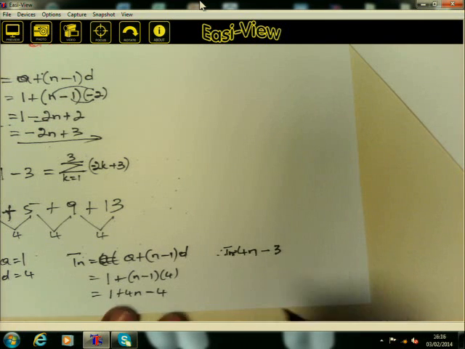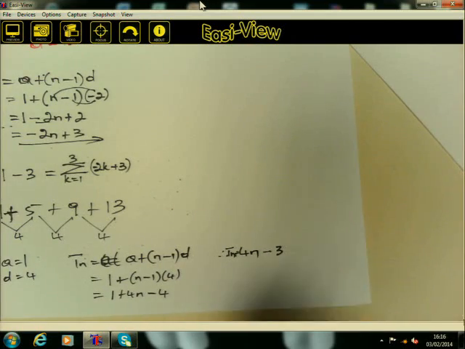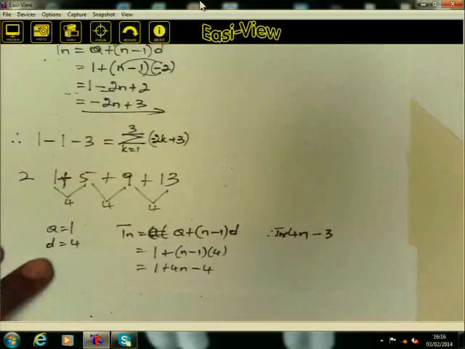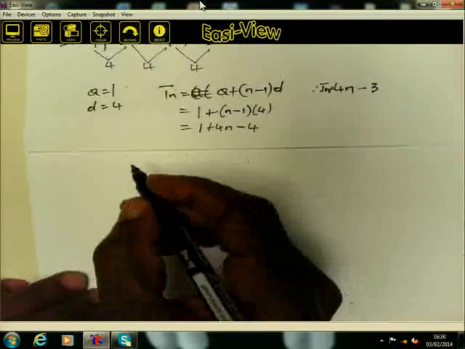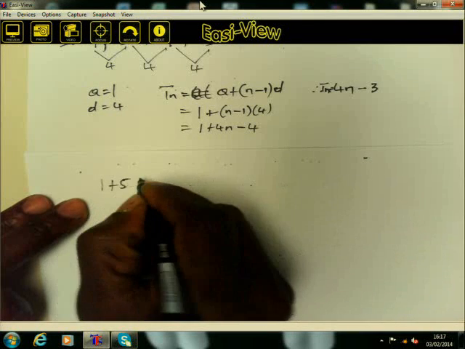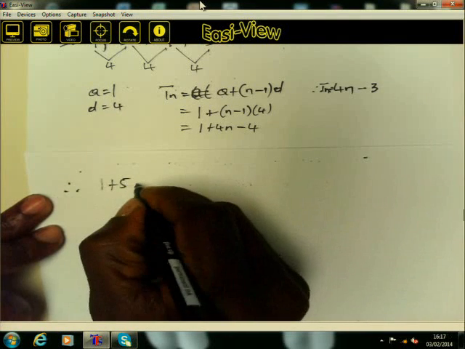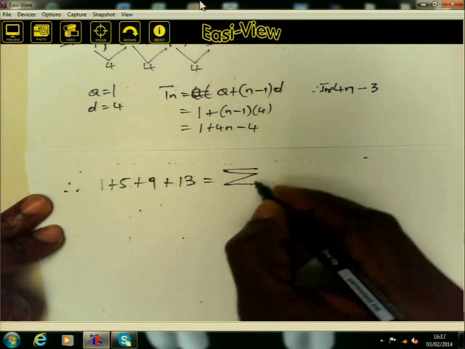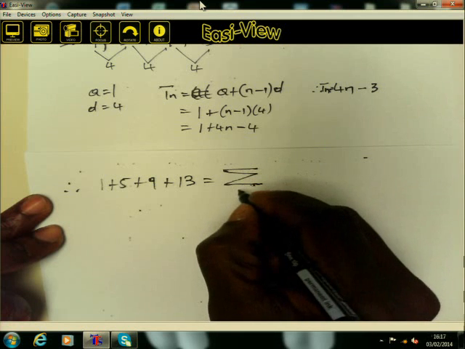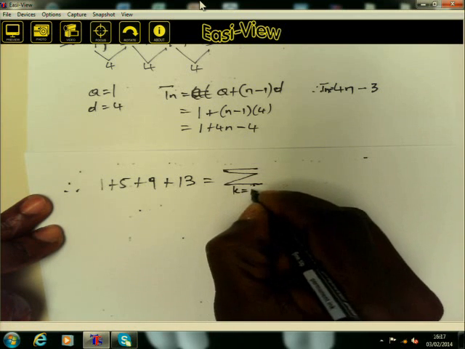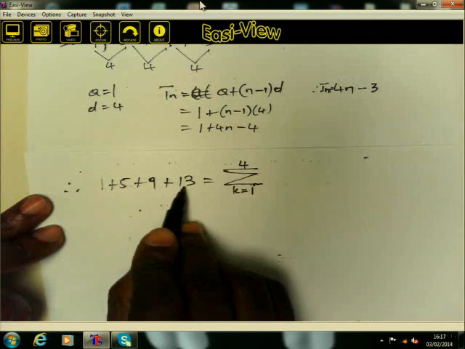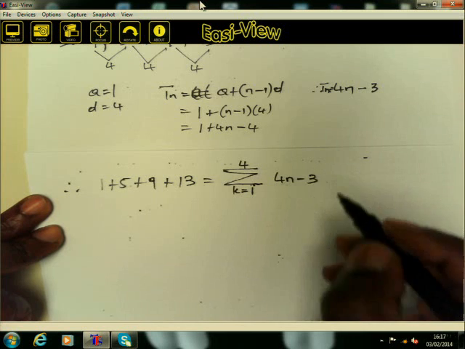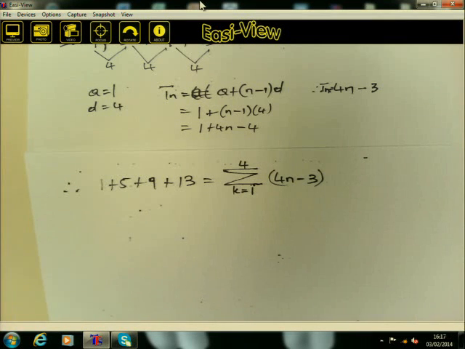So it means that the series 1 plus 5 plus 9 plus 13 will be given by the sigma notation, where say k starts from 1 up to 4, since we have 4 terms, and then we are going to have 4n minus 3 as our general term.